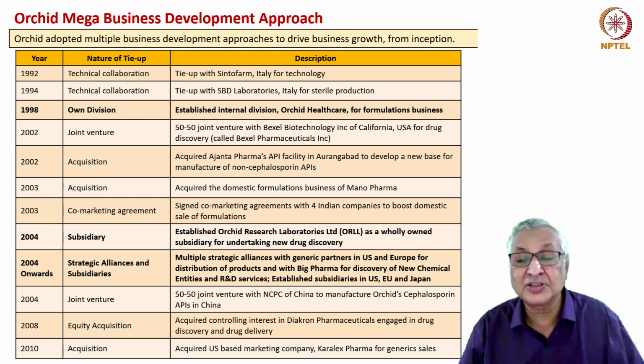Multiple strategic alliances with generic partners in US and Europe for distribution of generic pharmaceutical products and with big pharma for discovery of new chemical entities and providing R&D services constituted the leading part of this strategy. Establishment of subsidiaries in US, EU and Japan was also a highlight of this strategy.